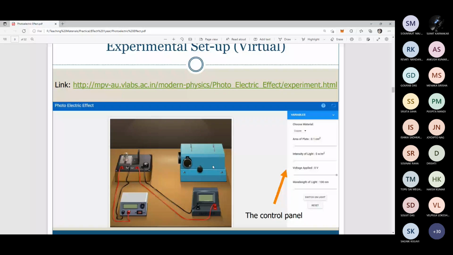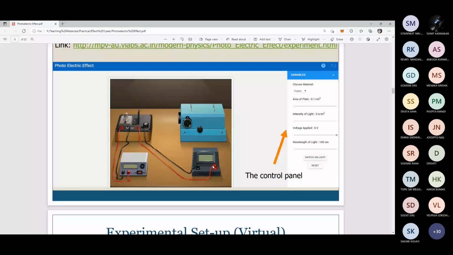Now in the virtual lab, we can measure the current and we are applying the potential, so we can take the reading of the potential as well as the current. This is the source, so light will fall through this, and this is the material, and in between there are two electrodes.